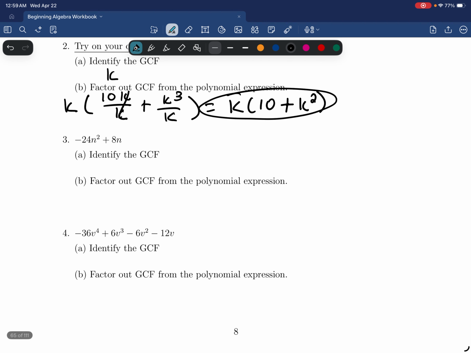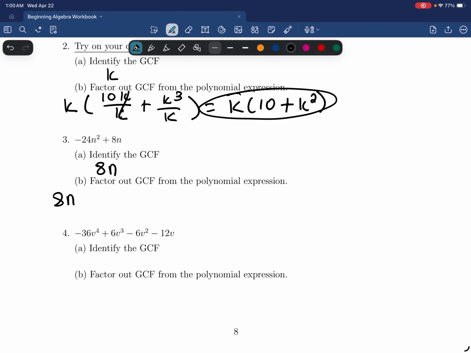Looking at example number 3, we have negative 24n squared plus 8n. Looking at 24 and 8, I can identify that both of these terms are divisible by 8, so I'm going to write that here. Both of these terms also have an n, so I'm going to factor that out too.